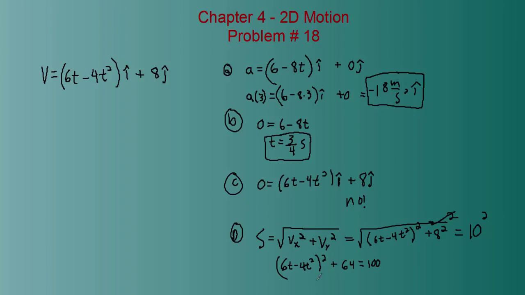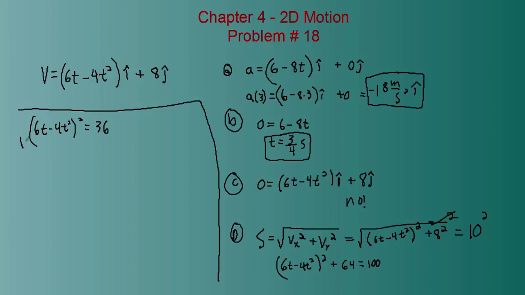And do a little bit of algebra. Maybe I'll do it over here. So the next step, I'm going to subtract 64 from both sides. So it gives us 6t minus 4t squared, all squared, equals 36. Square root both sides.